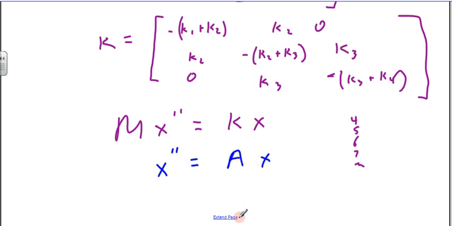So how am I going to do that? Well, if I take the inverse matrix of M and put it on both sides, I will find out that my A is going to be inverse M, K.